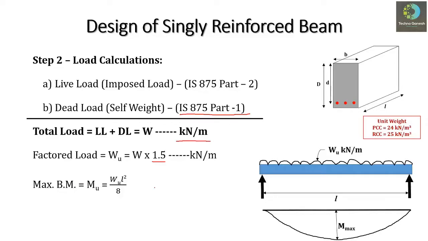Okay. Then in step number 3, we are going to find out the depth which is to be suitable to carry the given moment or the calculated ultimate moment. Now as we know that the maximum moment which is to be developed in that beam is MU, as we have calculated in last step.